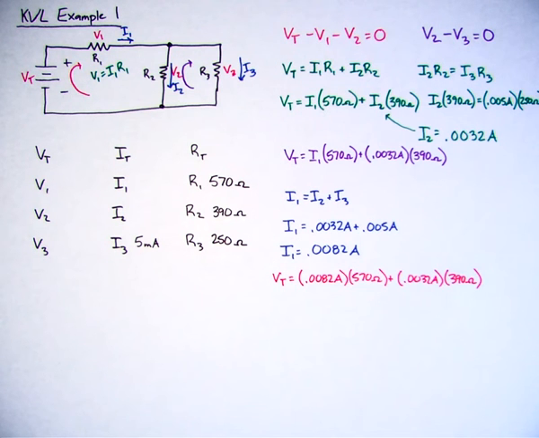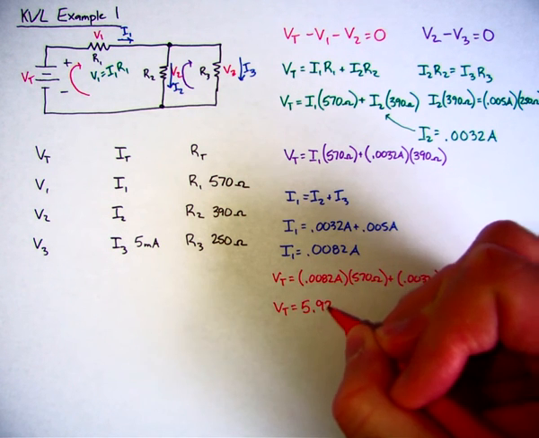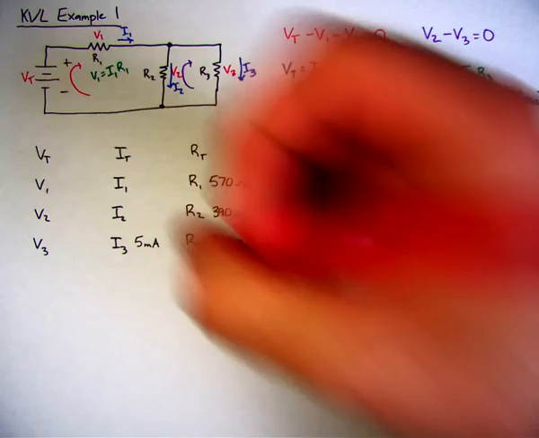So 0.0082 times 570 plus 0.0032 times 390 gives me a total voltage of 5.922 volts.